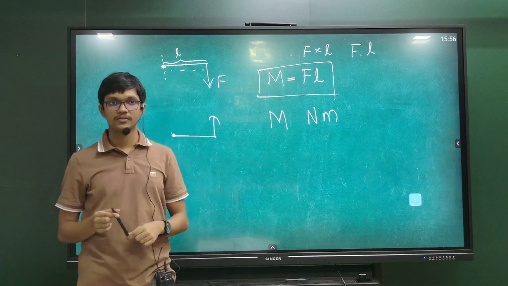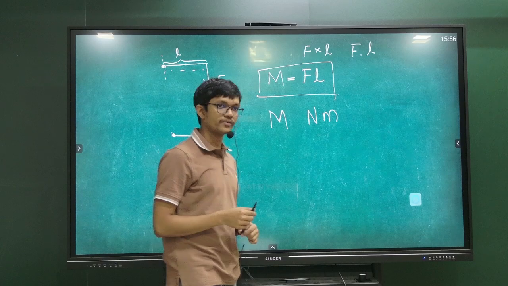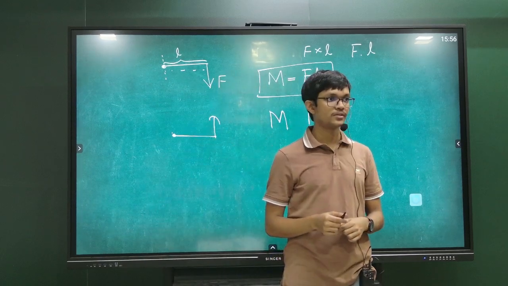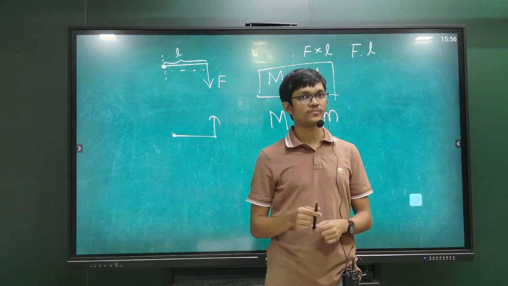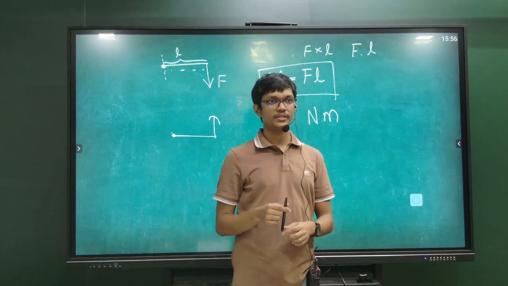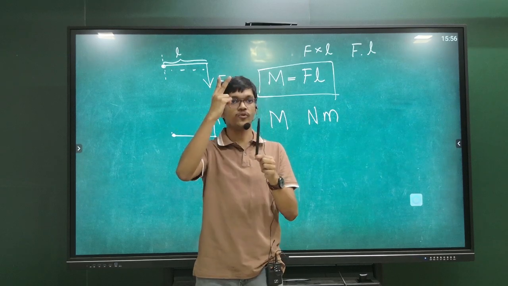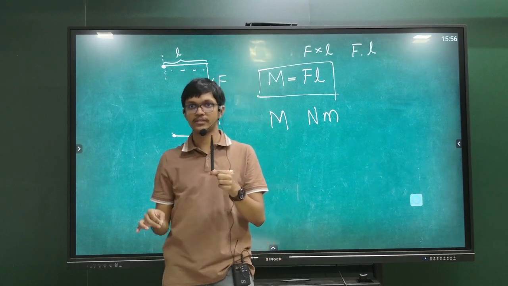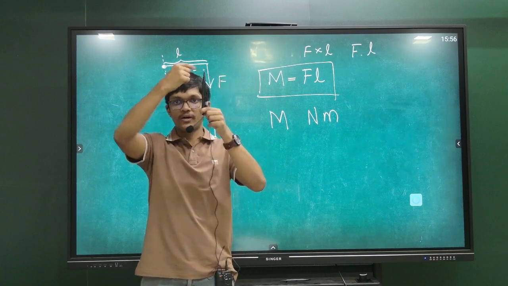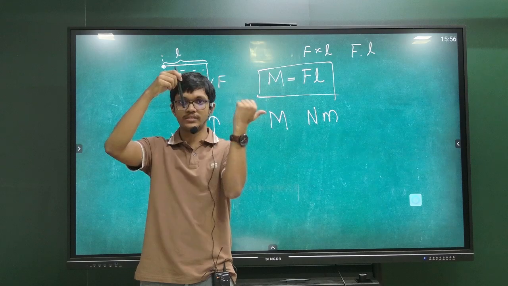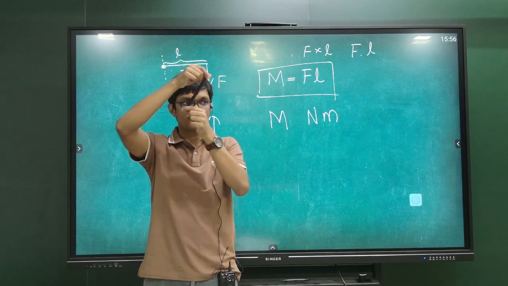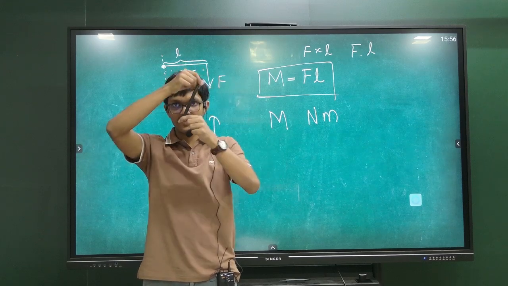But sometimes you can rotate something even without connecting it. How? You use two forces. Instead of using one force, you use two forces, then also you can rotate the thing. You apply one force in this direction and another force in this direction. What happens? It again rotates, right?